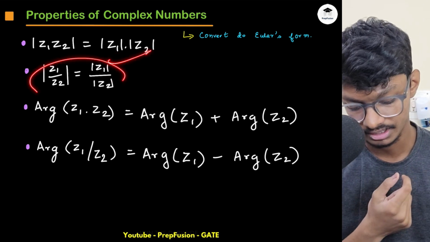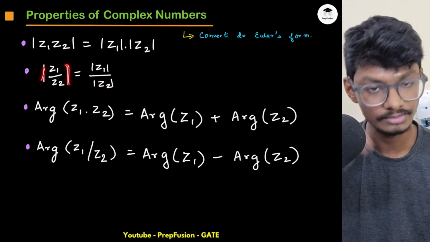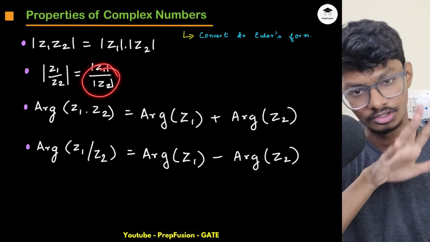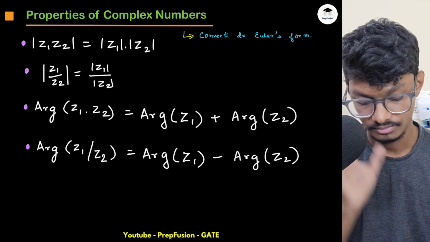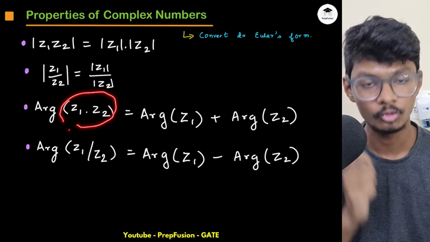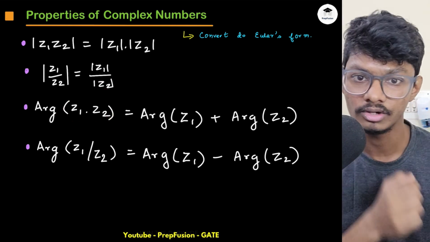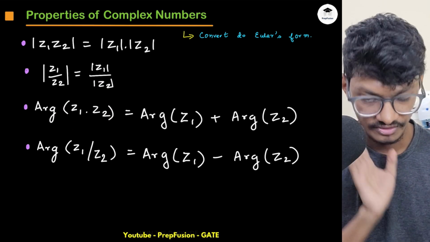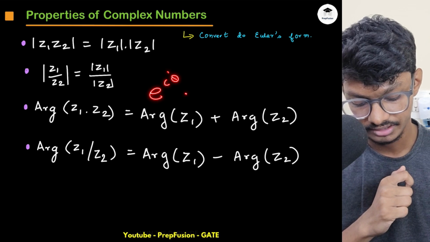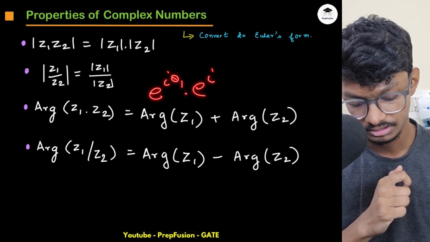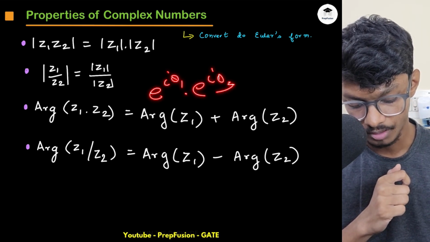Simple proof. Again here, if I take the mod of z1 by z2, you can again break it down in Euler's form. And this is important: if I find the argument of z1 times z2, what will it be? Basically e raised to power i theta 1 times e raised to power i theta 2, so the powers will get added.